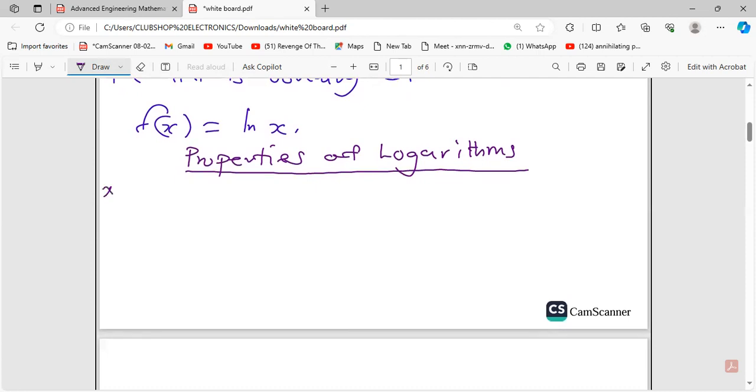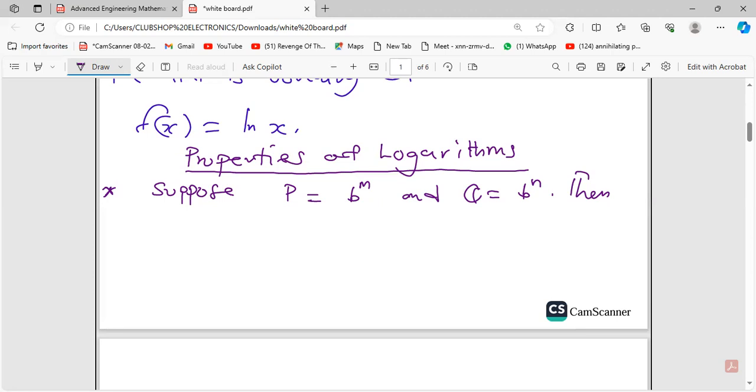Now, suppose P is equal to B to the power M and Q is equal to B to the power N. Then this is an exponential form, but to express it in logarithmic form, what are we going to have?